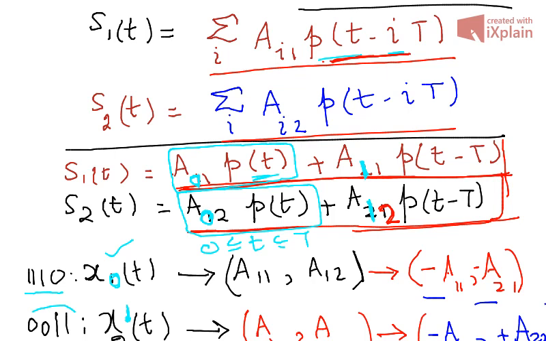For the first symbol you take x naught of t, and the second symbol is x1 of t, and then using these expressions you can generate S1 and S2 for two symbols. Similarly, you can go on for i equal to 1, 2, 3.